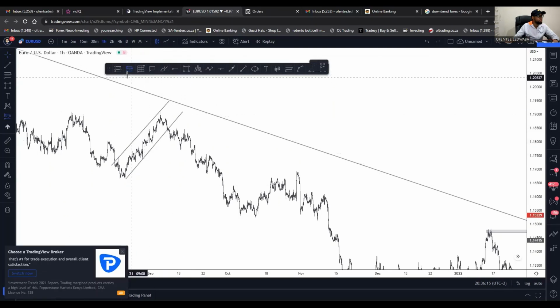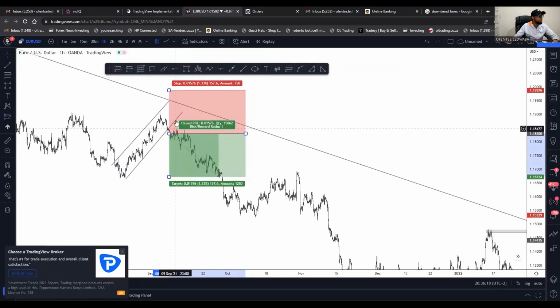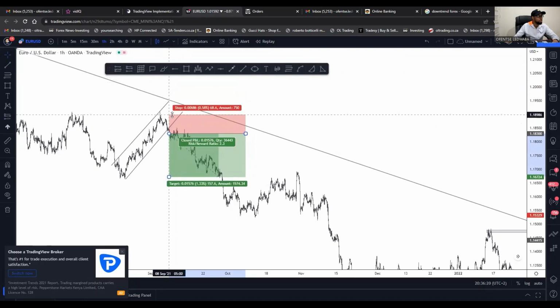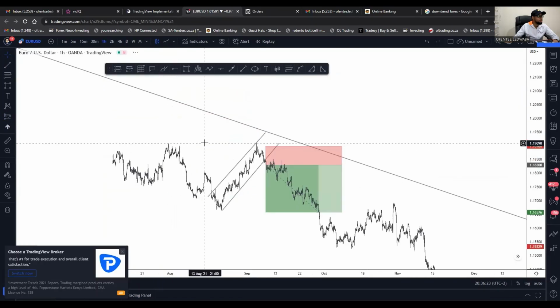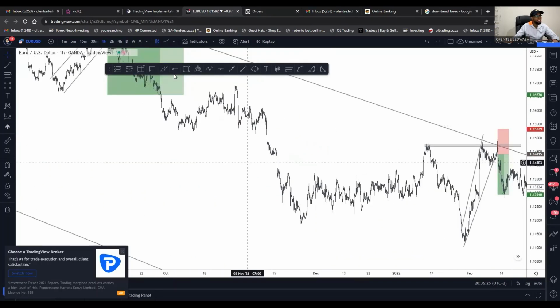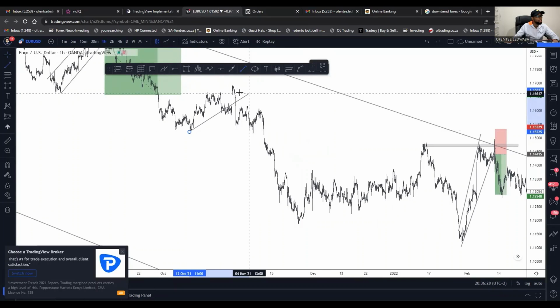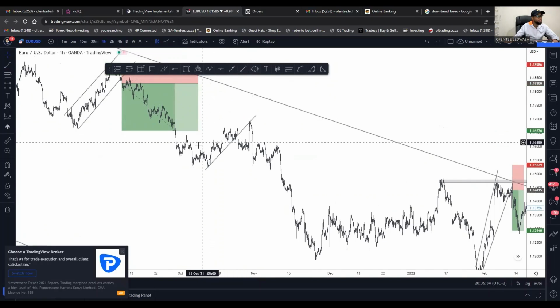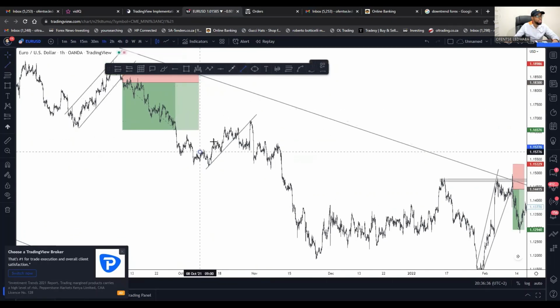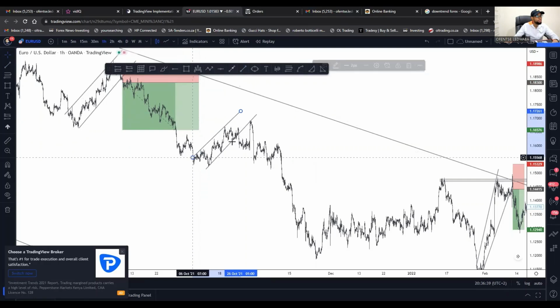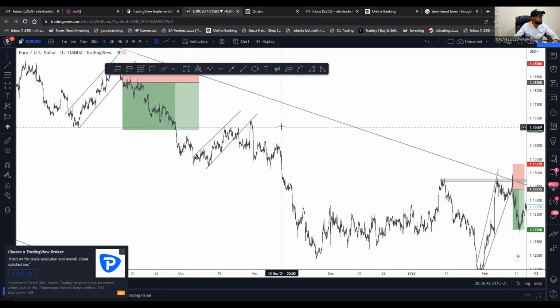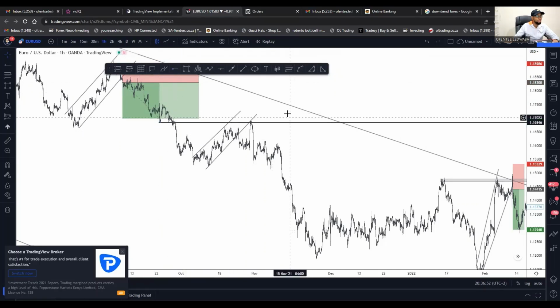Let's see. So guys, make sure you practice identifying. You can see most of the time, Euro USD, that's why I say familiarize yourself with 1 or 2 patterns, because pairs tend to repeat the same thing that happened.